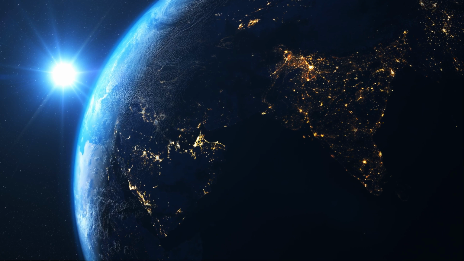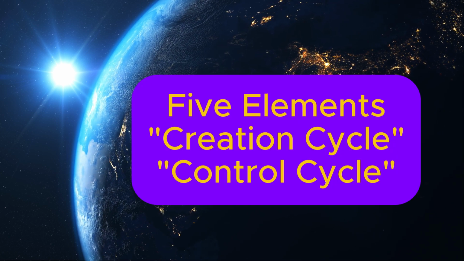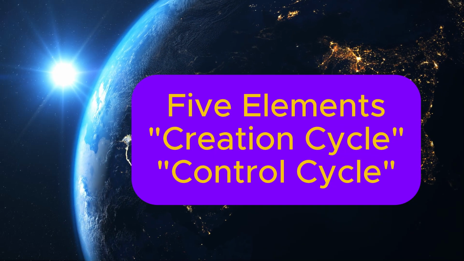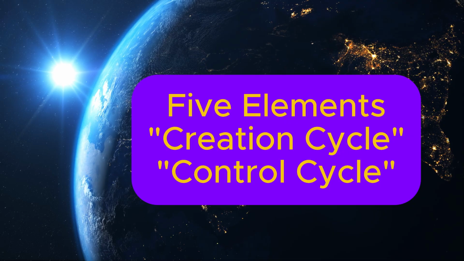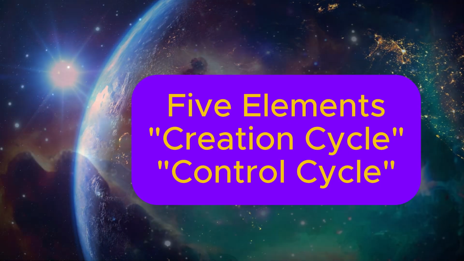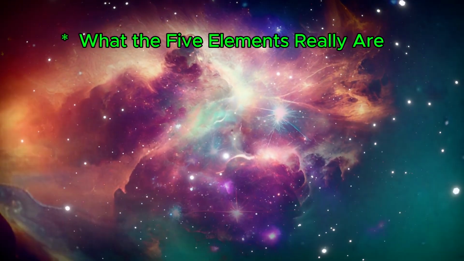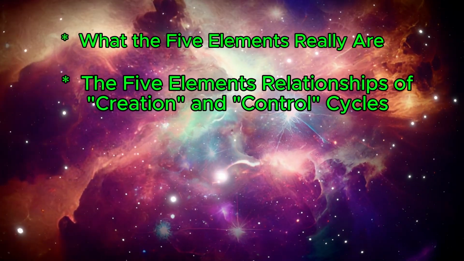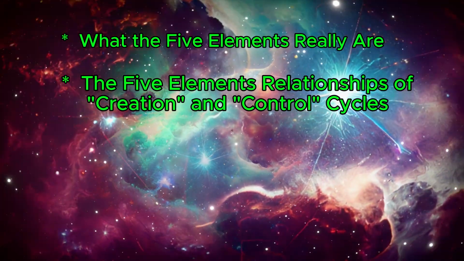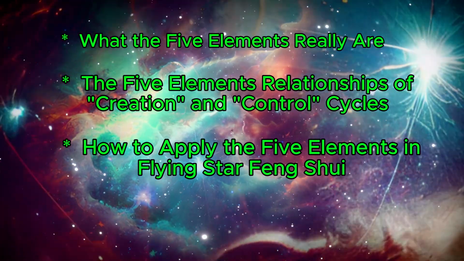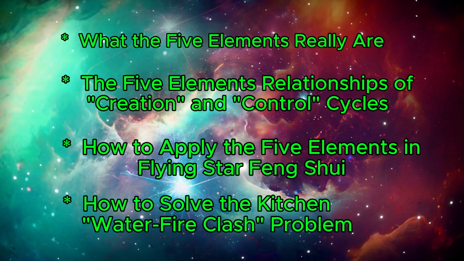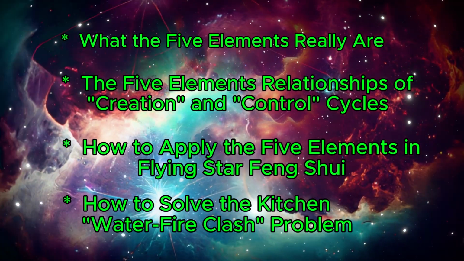Today, I will explain the true meaning of the 5 elements in the simplest way possible, especially the concept of creation and control cycles. In this video, we will discuss what the 5 elements really are, the relationships of creation and control cycles, how to apply the 5 elements in Flying Star Feng Shui, and how to solve the kitchen water-fire clash problem.